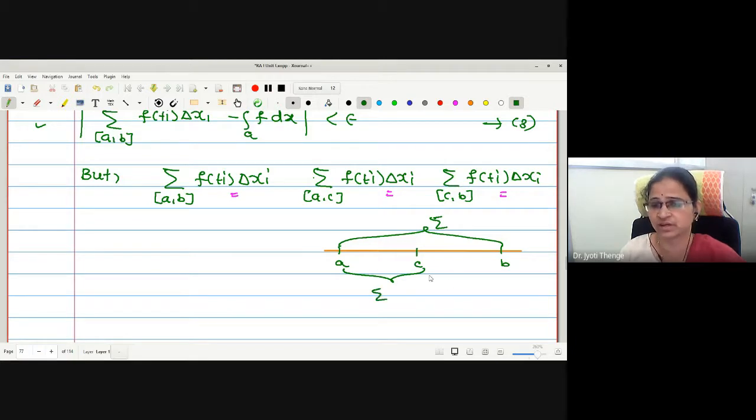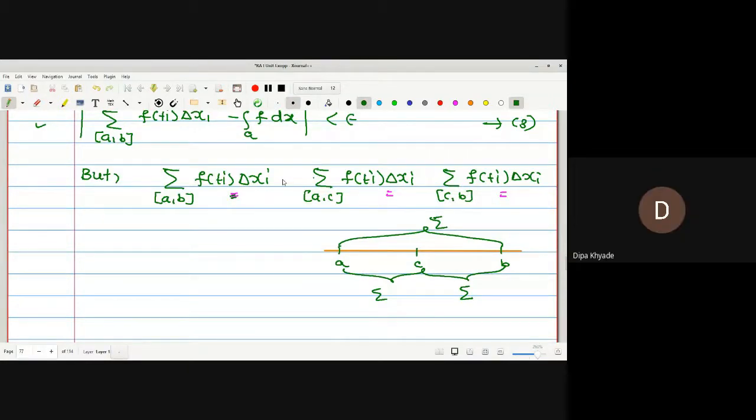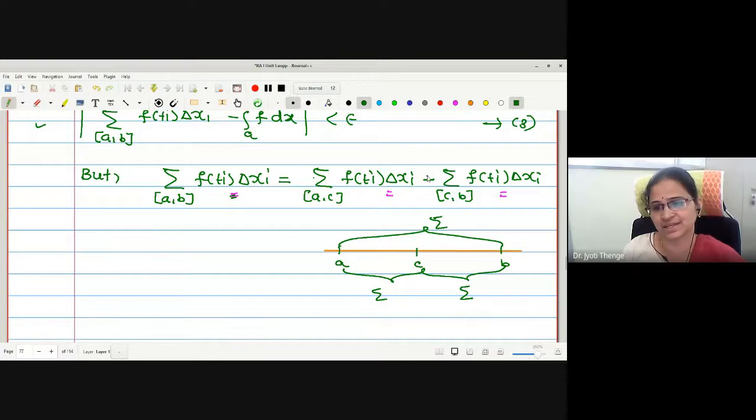One sum we have taken. Similarly, the sum on c to b, this is one sum. So can you tell me the relation between these 3 sums under the same term? Yes, it is equal, addition. Very good. The sum on a to b is equal to the sum on a to c plus the sum on c to b, provided with the same term. Correct? This is the relation we have between the summations, right?